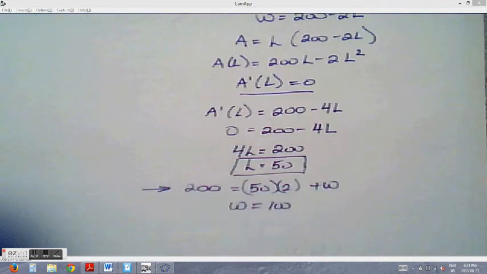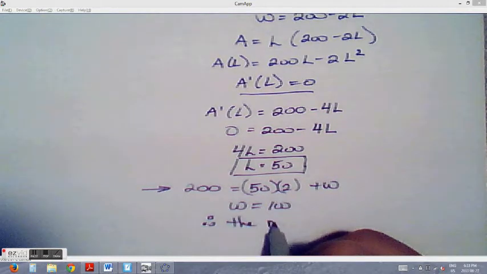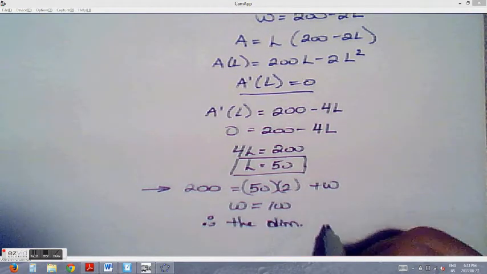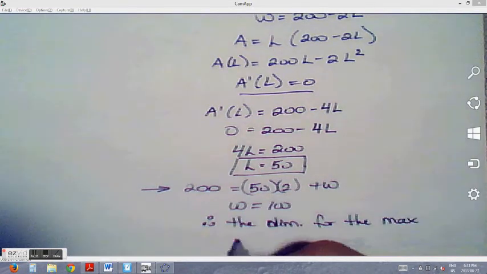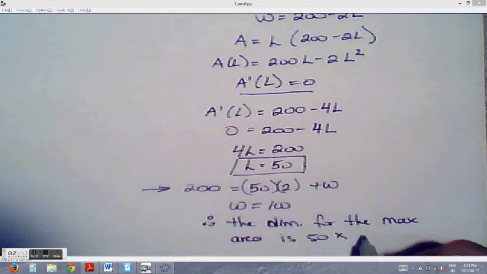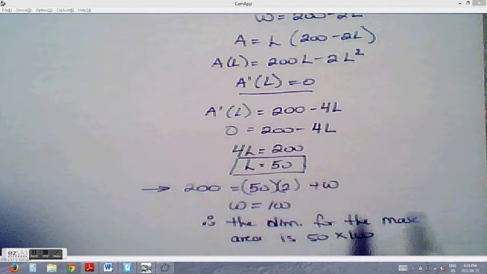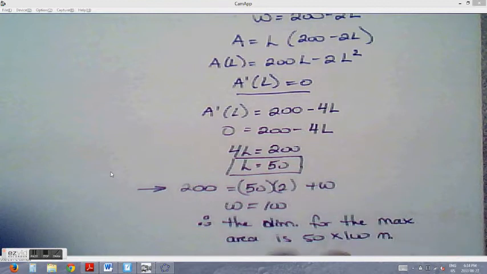Therefore the dimensions for the maximum area is 50 by 100. And I think we are dealing in meters. Okay, meters. 50 meters by 100 meters.